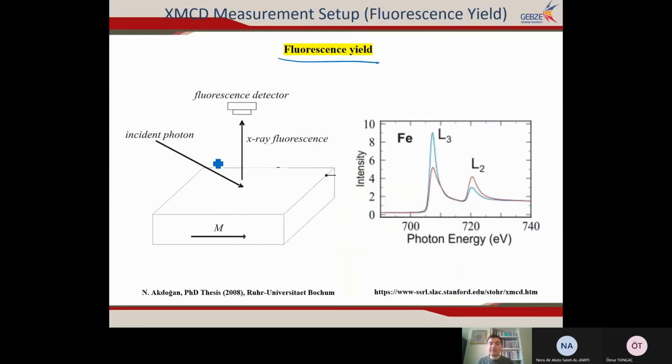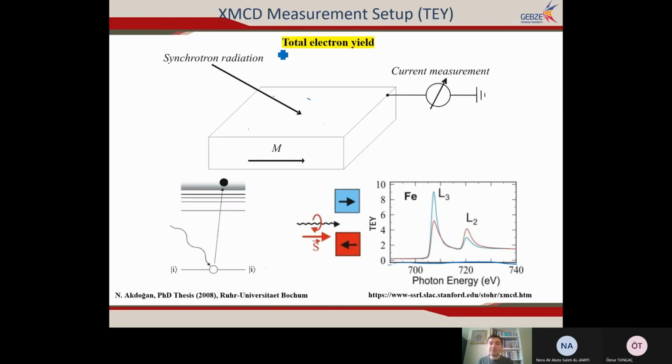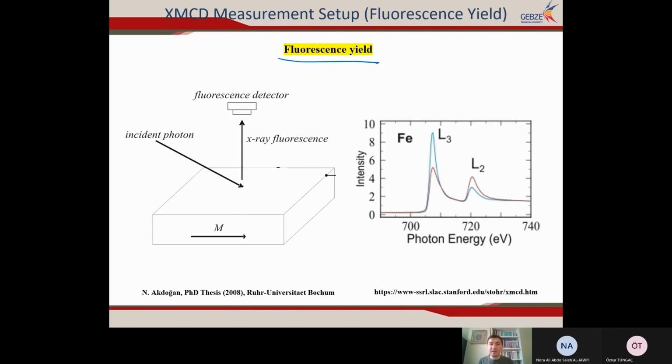In case of fluorescence yield, actually here in this method, in the total electron yield method, we are dealing with the electrons, but we have also many fluorescence X-rays, okay, but we don't care about them. But in case of fluorescence yield method, we don't care about the electrons.